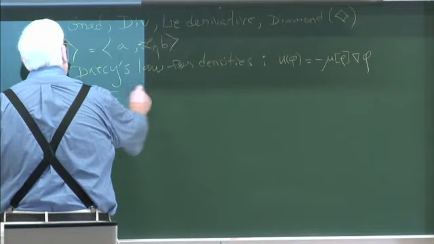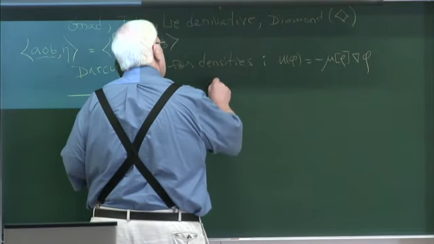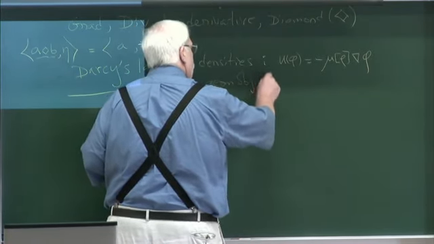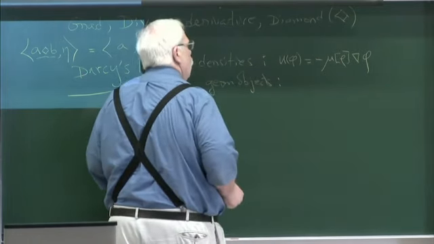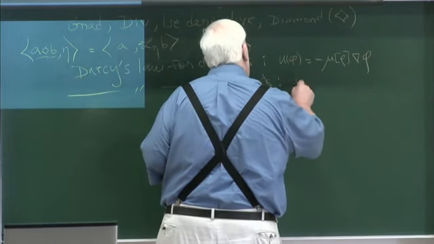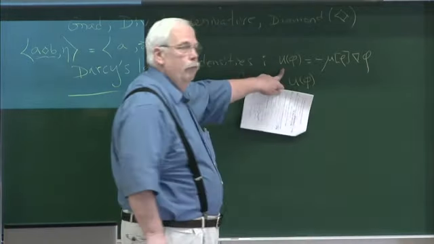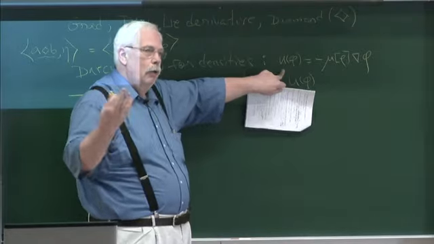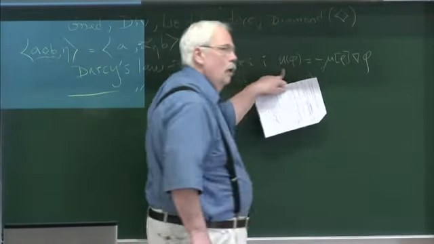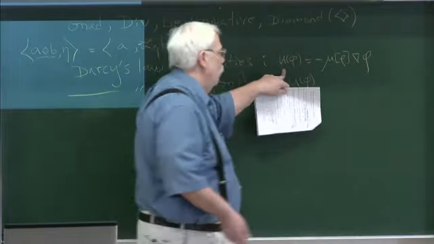So now we do Darcy's law for geometric objects. So this will be u. Oh, actually, I have to say one more thing. So u is a vector field, so it's a contravariant vector. Grad is actually a one form, and it's a covariant vector.